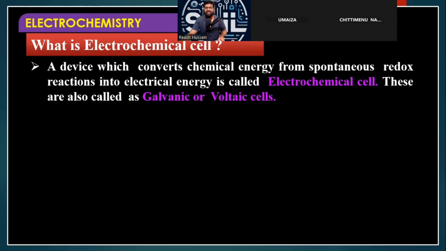That chemical energy is converted into electrical energy. That is the function of electrochemical cells. I hope you understood what electrochemical cells are. Electrochemical cells are devices which convert chemical energy into electrical energy during spontaneous redox reactions, and these are also called galvanic cells or voltaic cells.